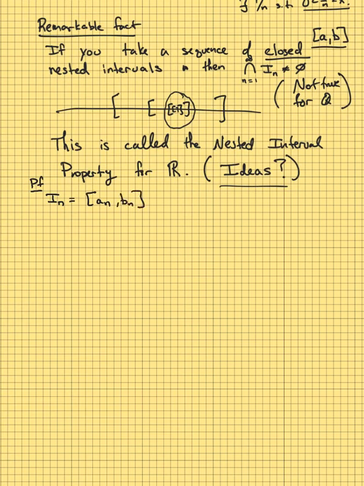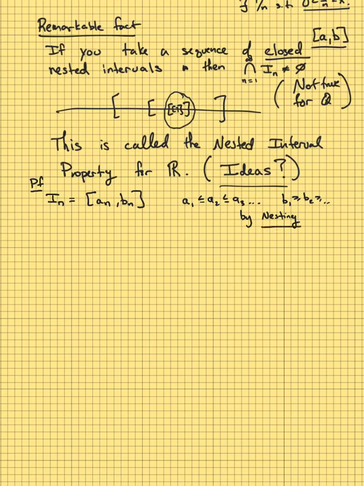And what we know is that I have these sequences, A1 less than or equal to A2 less than or equal to A3, and so on. And B1 is greater than or equal to B2, greater than or equal to B3, and so on. So this is by nesting.